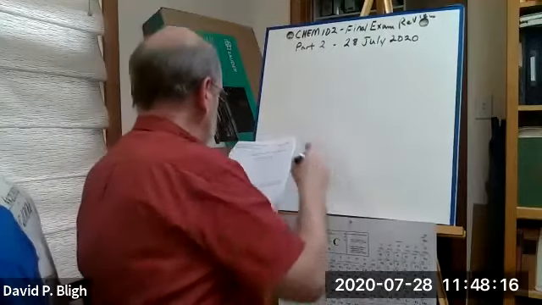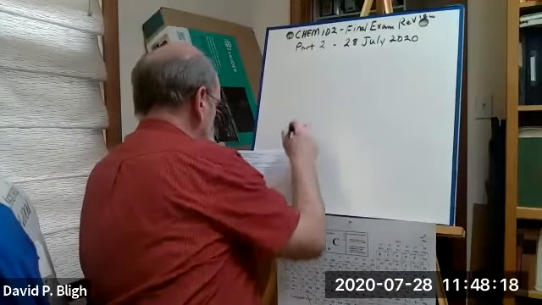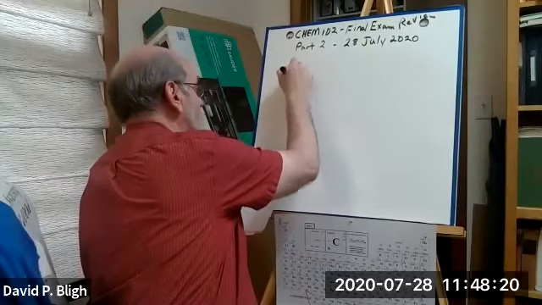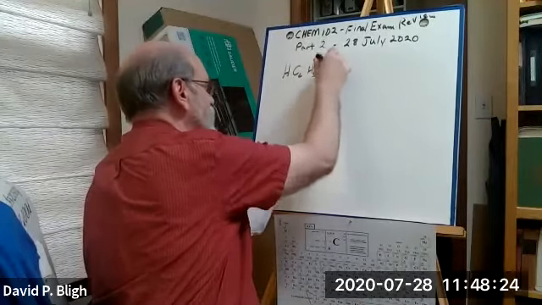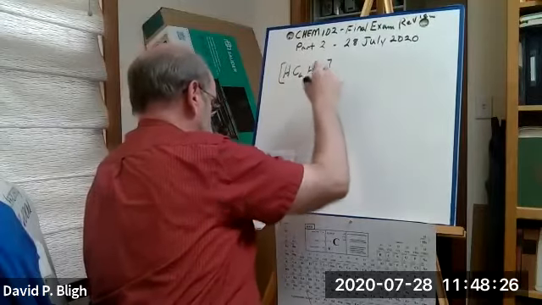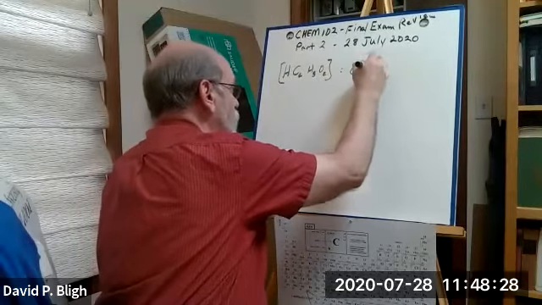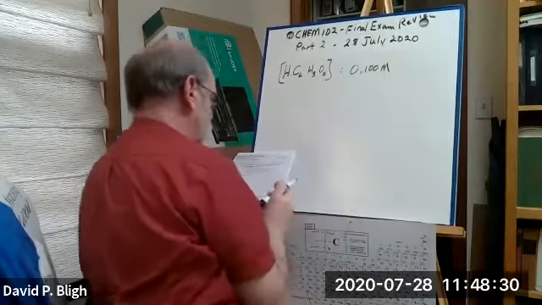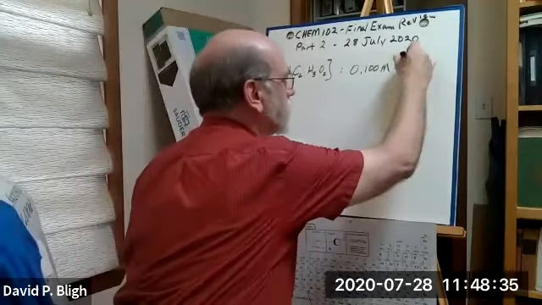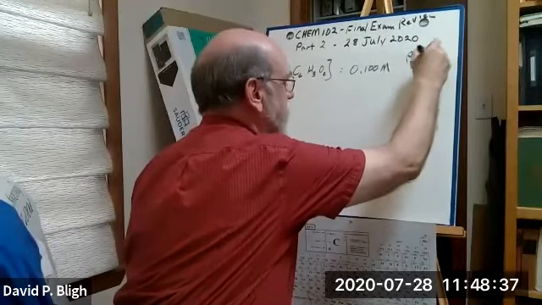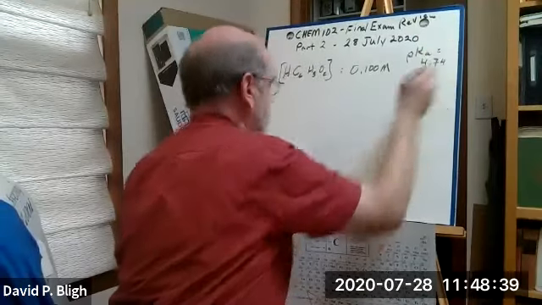So, acetic acid concentration is 0.1 molar. And let's see, we're also given the pKa 4.74, I believe.